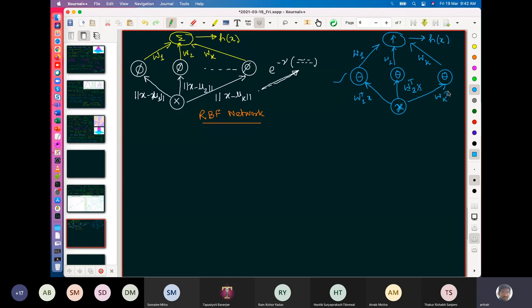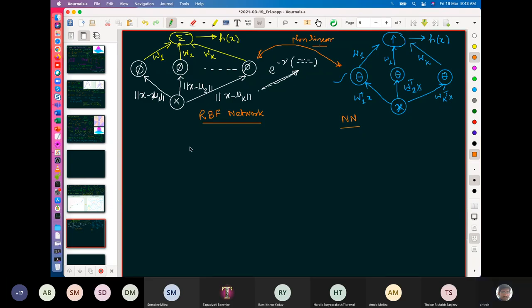This is Wk transpose into X. This is our traditional neural network. Now let us first see the similarity. These two layers, this layer and this layer, both are nonlinear, right?